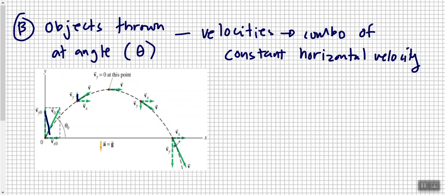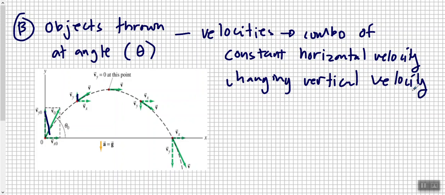It now increases its magnitude here. So it's the opposite on this particular part of the parabola. So we can now say that it is also the changing vertical velocity.